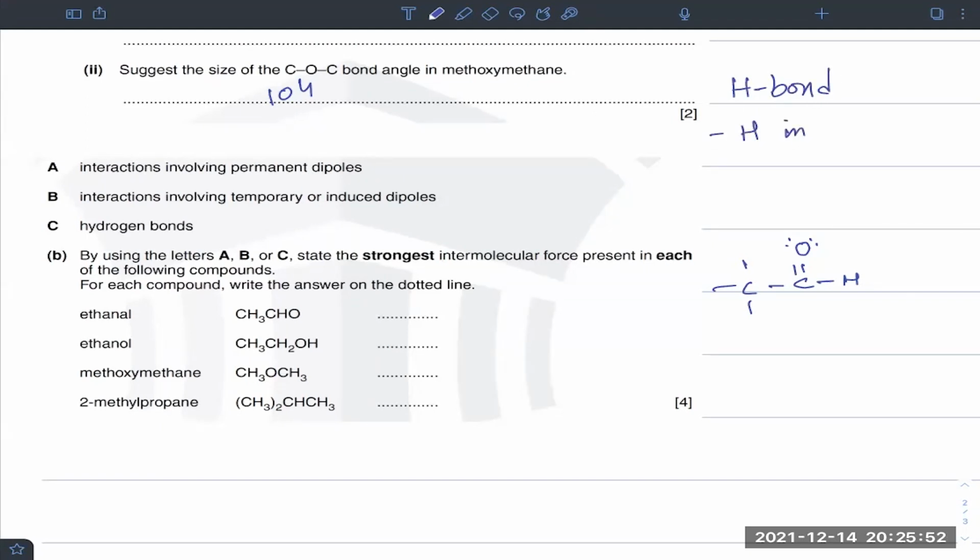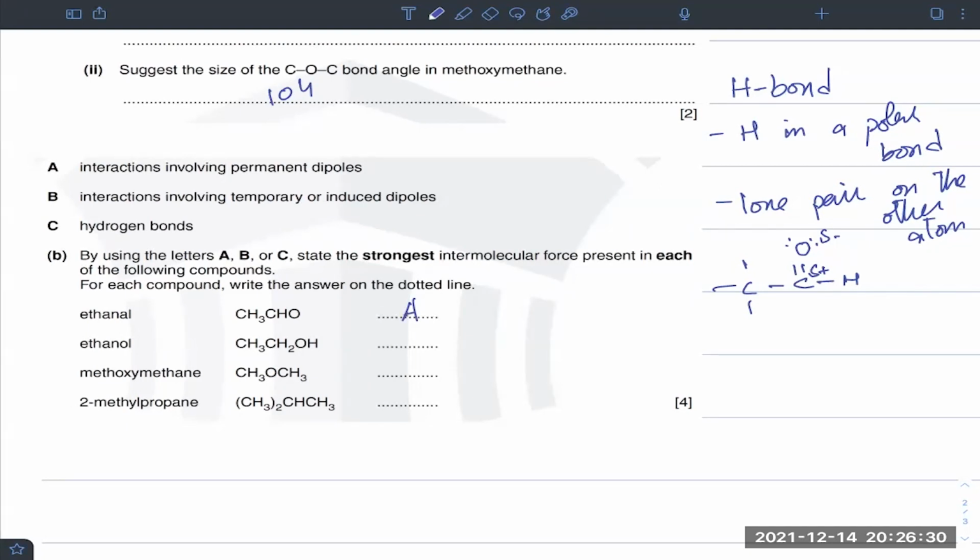It needs hydrogen in a polar bond and needs a lone pair on the other atom. Now, the problem is that hydrogen is not in a very strong polar bond here. There is a dipole, delta negative, delta positive, but it doesn't translate that much onto hydrogen. Secondly, carbon does not have any lone pair, so there is no hydrogen bond present, which means it still has a polar bond, so it's going to be permanent dipoles that we have here.